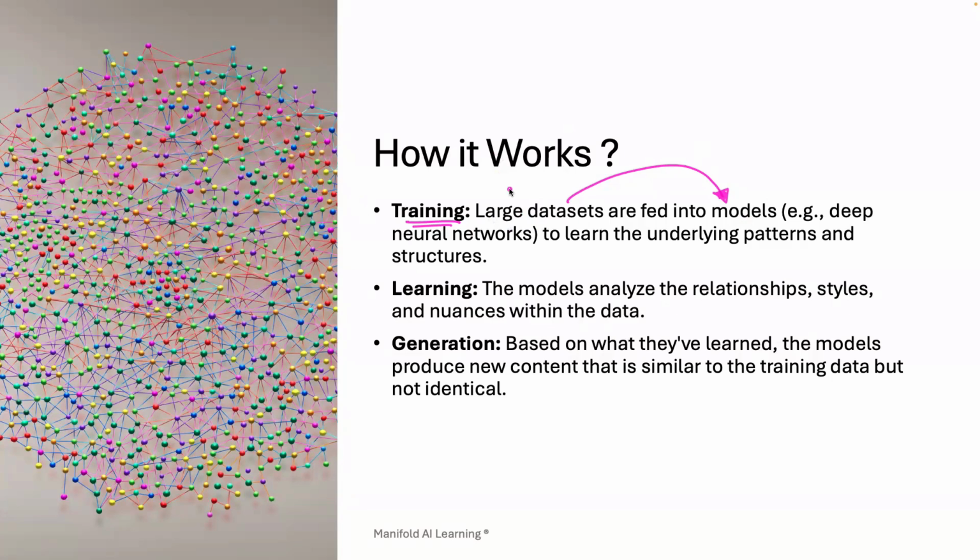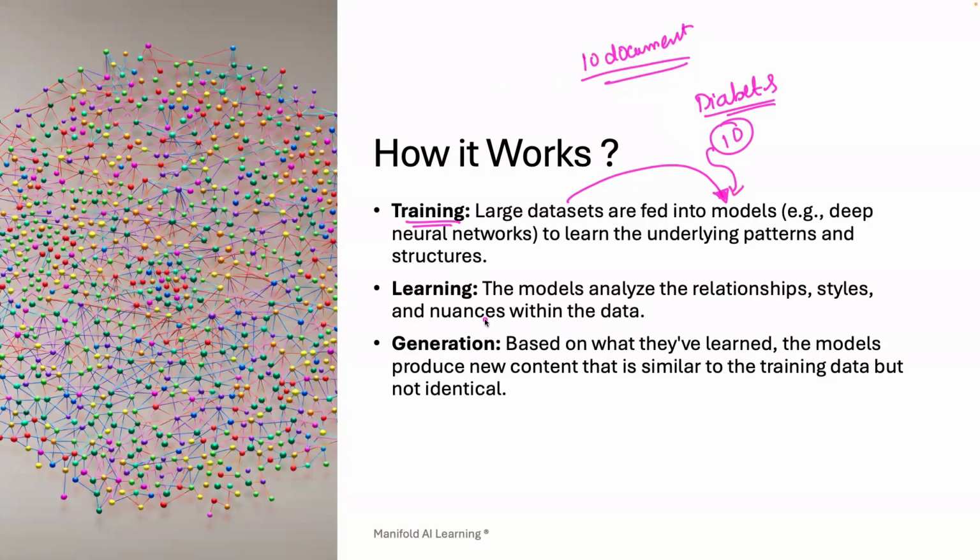I'll give you a very simple example. Let's say I provide 10 different documents, or 10 different paragraphs, about a certain topic. Maybe I'll give a topic on, let's say, diabetes. I'll provide 10 different paragraphs about diabetes as an input for this model.